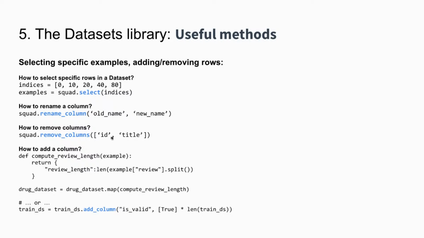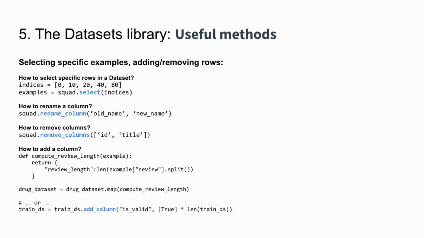Whereas with Blurr, you can keep these things in your datasets, and they're simply removed automatically when you call the forward method of your model. So when you go through the course, you don't need to do a lot of the cleanup with Blurr that you have to do if you're using the Trainer API or your own PyTorch training loop. So it's super easy to rename and remove columns.